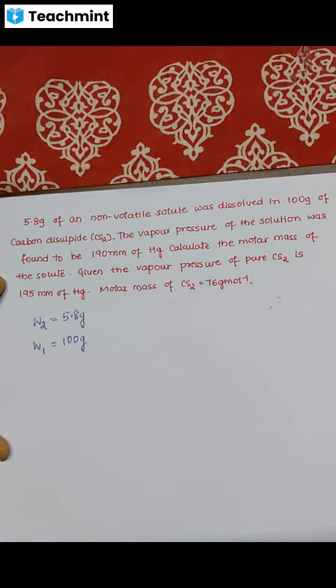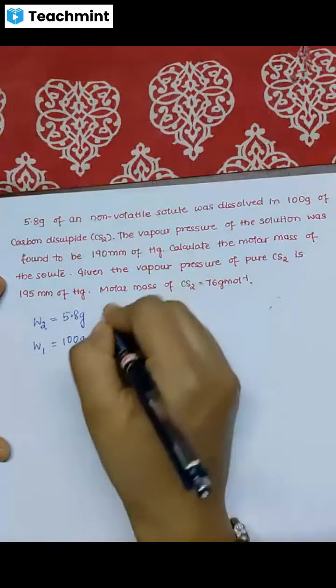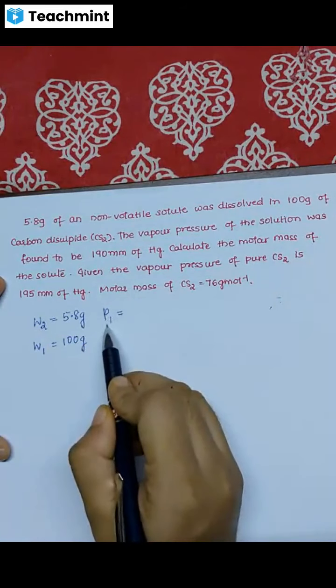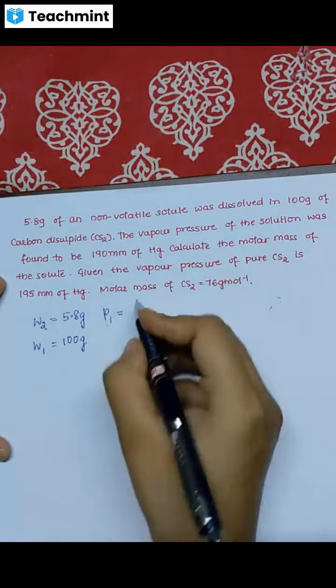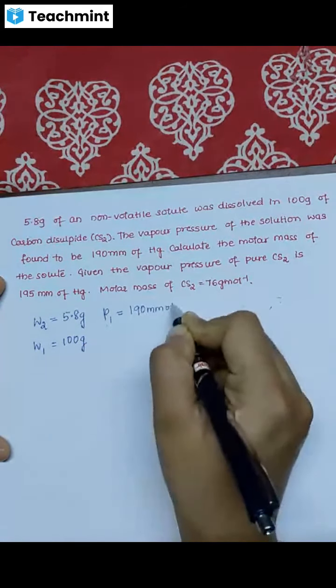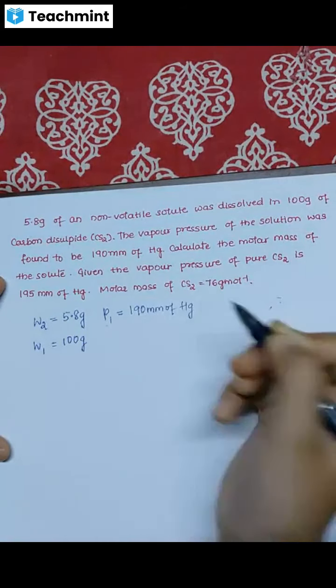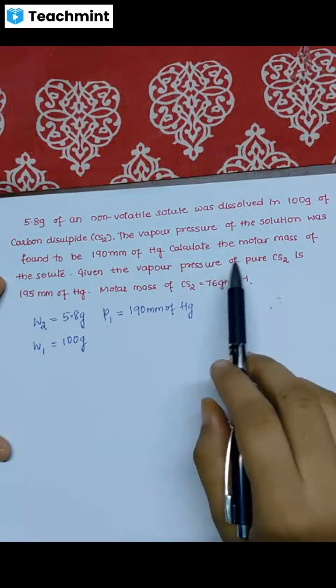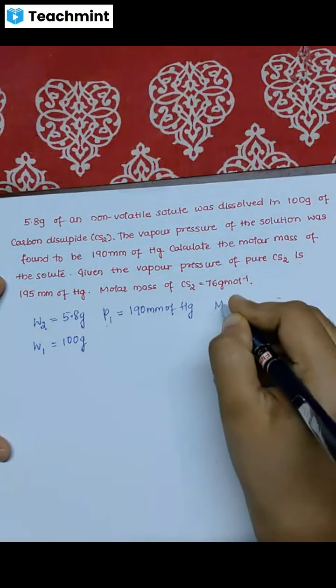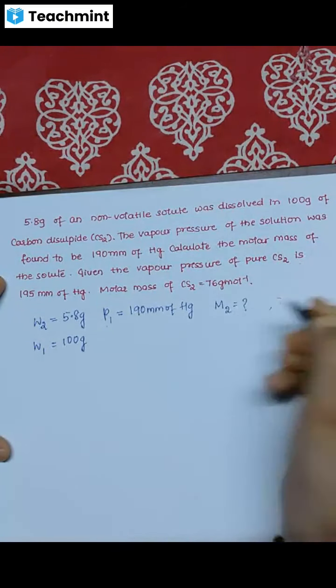Then the vapor pressure of the solution was found to be, they have given us the vapor pressure of the solution, which is indicated by P1. So P1 is equal to 190 mm of Hg. Then calculate the molar mass of the solute. So they have asked us to calculate M2.